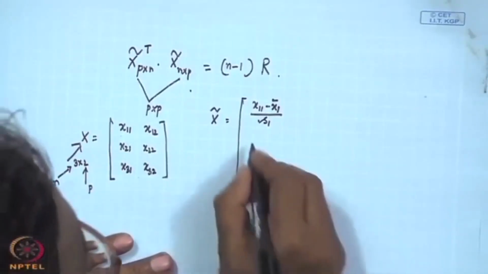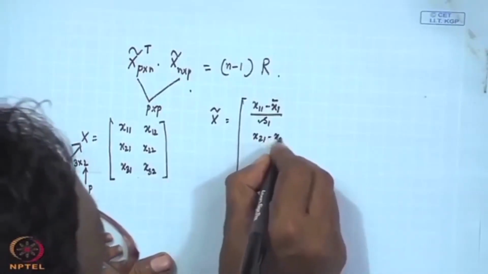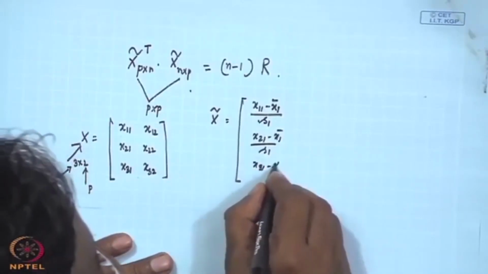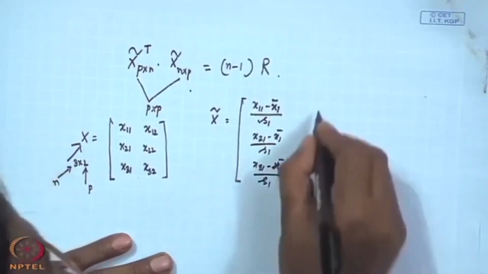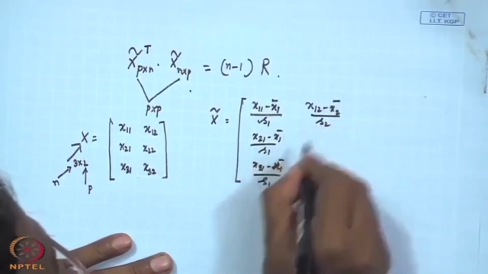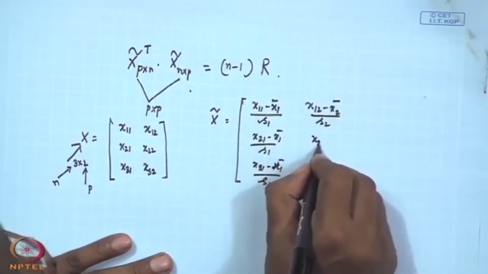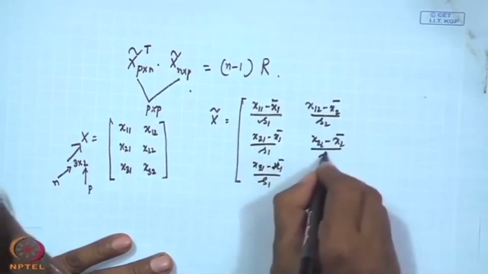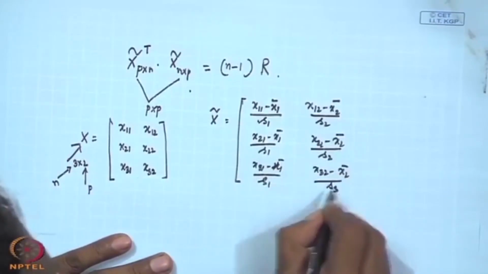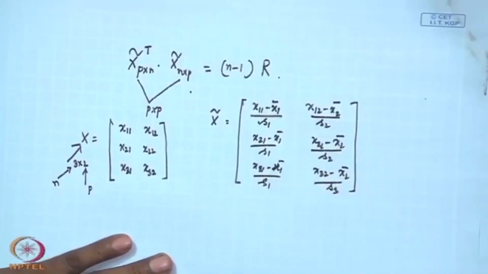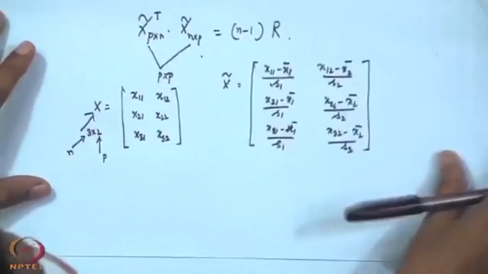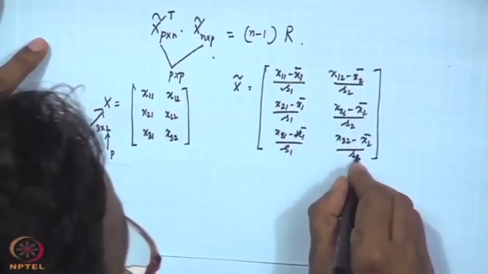Then this will be x21 minus x1 bar by s1 and x31 minus x1 bar by s1, and this will be x12 minus x2 bar by s2, then x22 minus x2 bar by s2, then x32 minus x2 bar by s2.